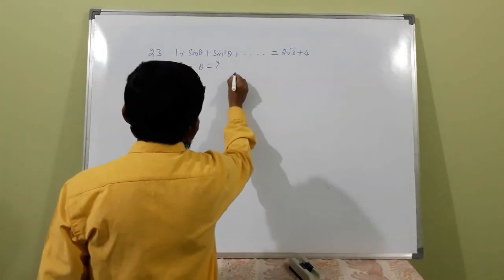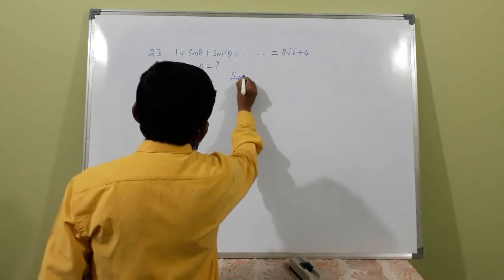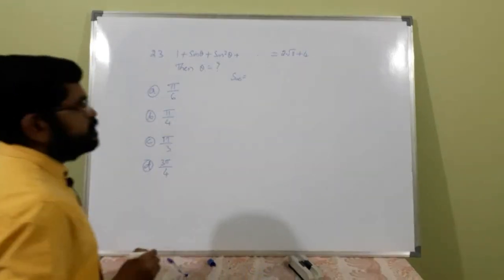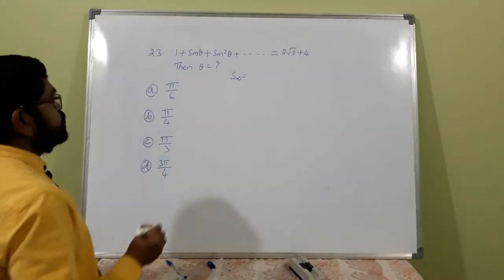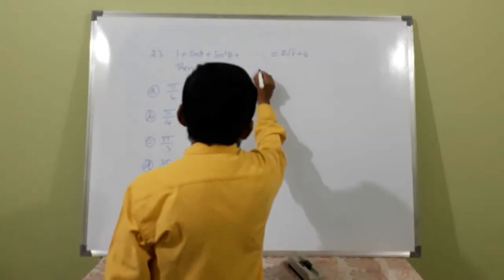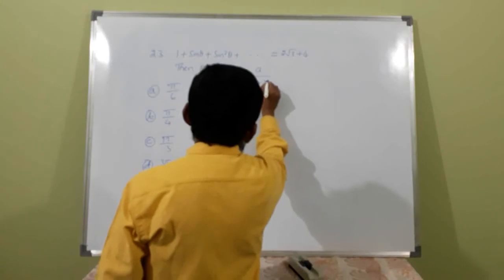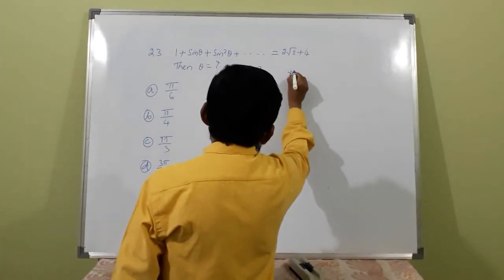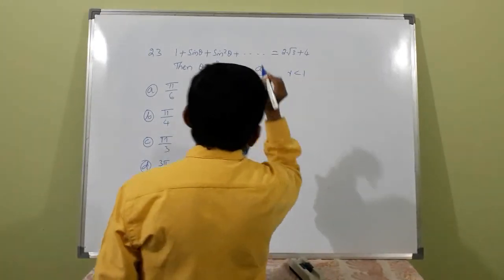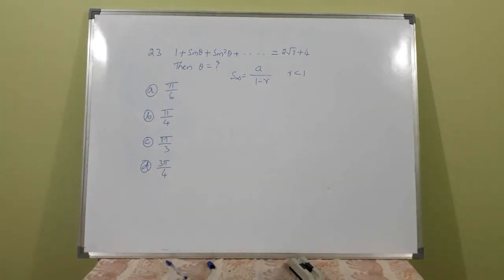The sum of the geometric progression terms with first term a and common ratio r, where r is less than 1, is given by a by 1 minus r.